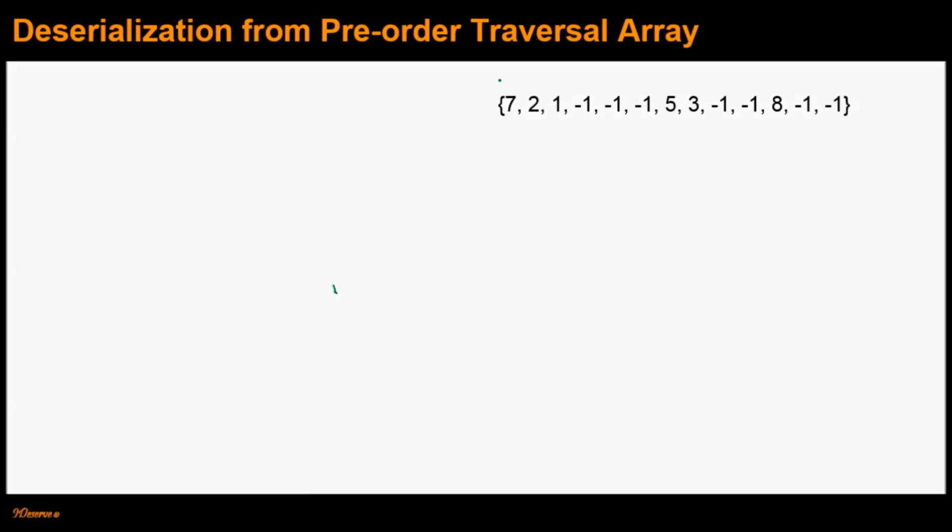By looking at this input array, before even starting the deserialization, what we know is this array represents the binary tree, and this array is obtained by using the pre-order traversal, right? We also know that the -1 in the array indicates the presence of a null node in the original binary tree, right? So using these ideas, let's now try to deserialize the given array.